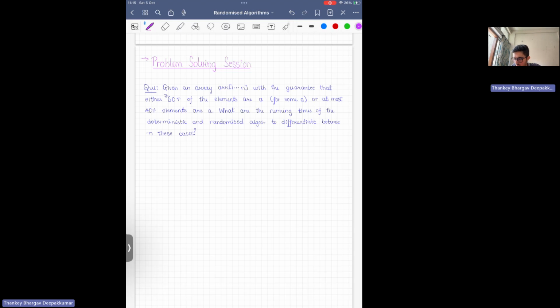So first, let's look at a deterministic algorithm. A deterministic algorithm is fairly trivial. All you do is go over the entire array and look at every element and see if it's A or not, and maintain a count. So just count the frequency of A. So the deterministic algorithm is the following.